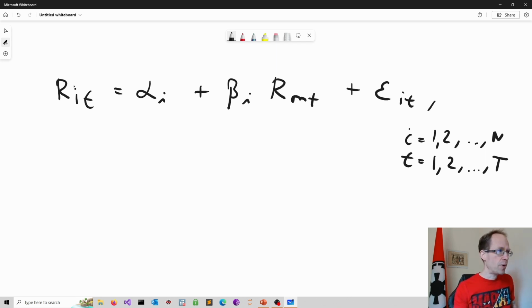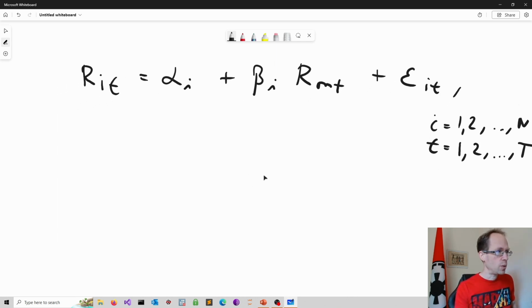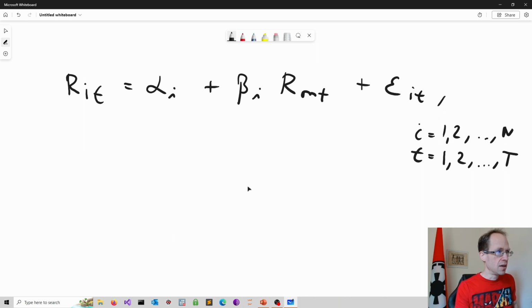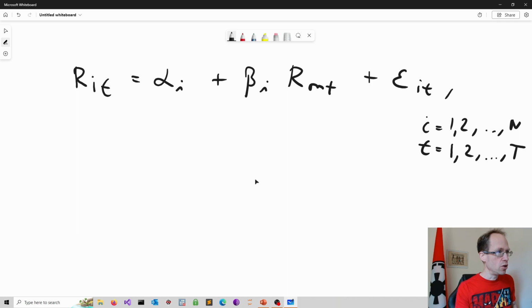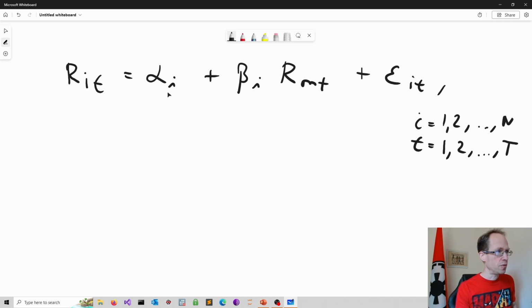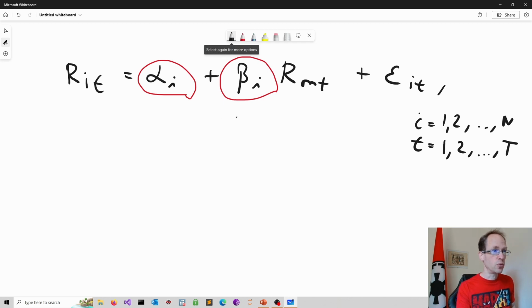Now I can express this equation in a matrix format. What we note is that our coefficients differ between stocks i, but not over time. So they are constant over time, that's the assumption we make, but they differ between different stocks i.